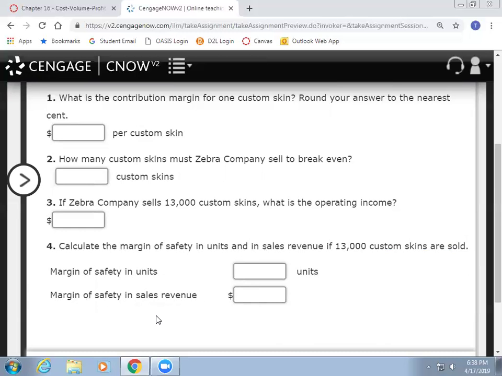But again, those are on here, so it's pretty easy to calculate. Margin of safety is just your sales volume minus your break-even sales volume. So the margin of safety is just what you've sold beyond break-even, okay? So you're going to do that both in units and sales revenue. Once you have it in units, just multiply by the sales price. That gives you the sales revenue, okay? So that's pretty easy to convert there.